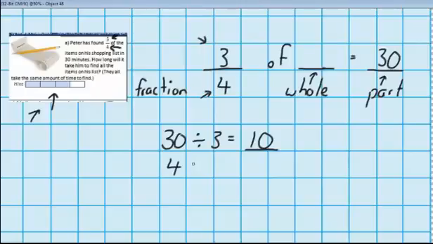So I've got 4 groups here, and every one of those groups he finds takes 10 minutes. So it's 4 groups of 10 minutes, and I know 4 times 10 is 40. So 3/4 of 40 equals 30. Or to answer this question over here, it's going to take him 40 minutes to find all of the items on his list.